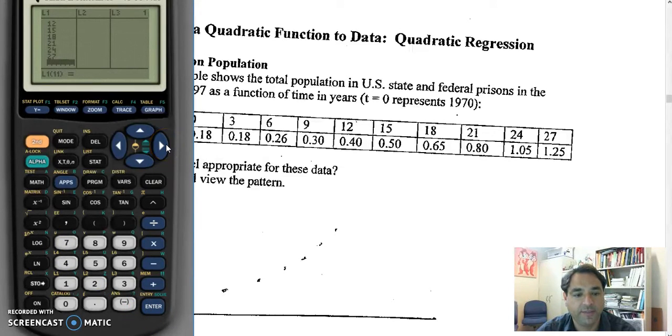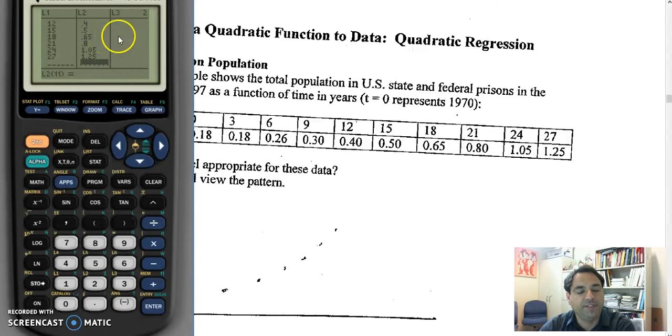That would be our X. And then in list 2, we have 0.18, enter, 0.18, enter, 0.26. Double check that all the data is correct. If one number is wrong, it could mess up your data. Okay, and make sure everything lines up. If one list is longer than the other one, you may have issues.